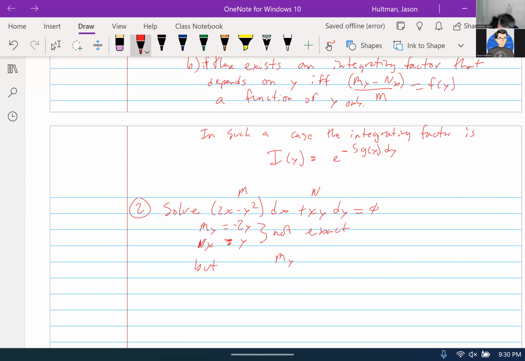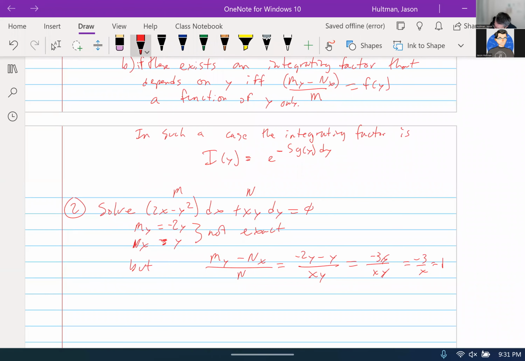And so if we do M_y minus N_x and put that over N, then I get negative 2y minus y over xy. And so that's negative 3y over xy. And lo and behold, we get negative 3 over x. And that is just a function of x only. We'll call that f of x.